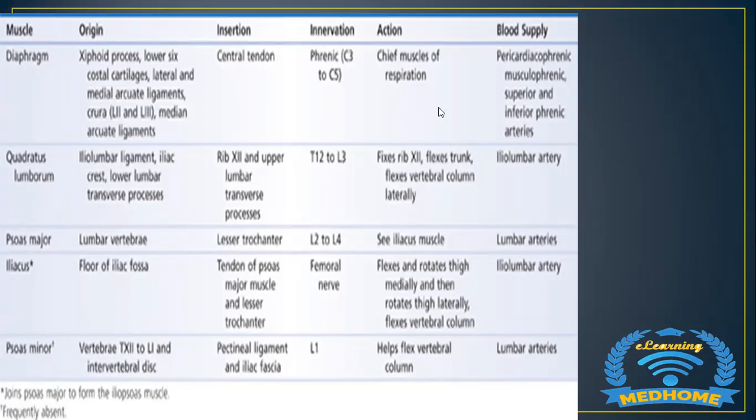And iliacus originates from the inner aspect of the iliac crest, and it is inserted along the psoas major tendon. The action of all of these muscles is flexion of the hip joint, and also flexion of the vertebral column as well. Excellent.